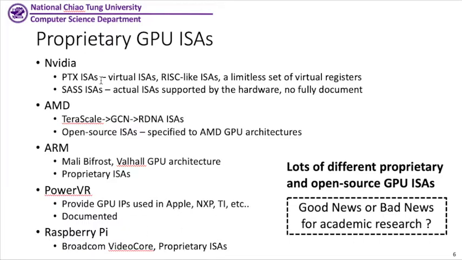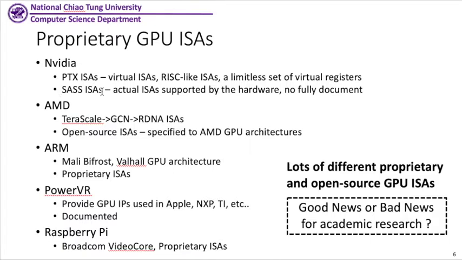PTX is similar to RISC-like ISAs and uses a limitless set of virtual registers. As a result, PTX is similar to the intermediate representations used within optimizing compilers. However, some special architecture designs cannot be known from the PTX ISA.